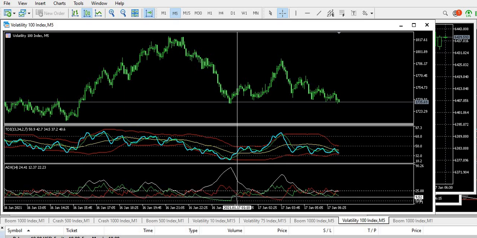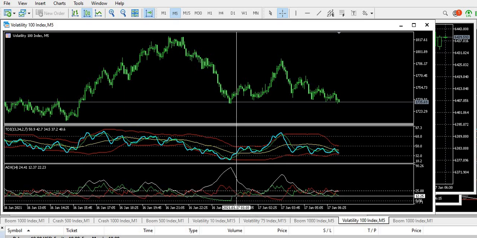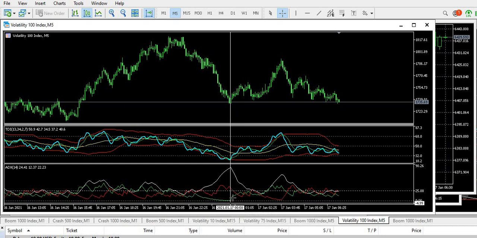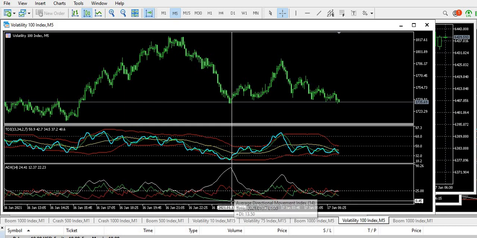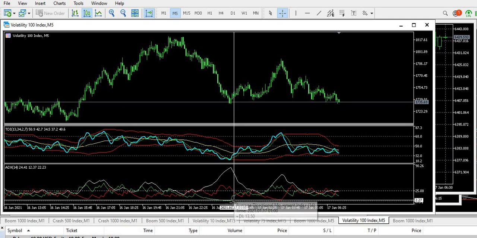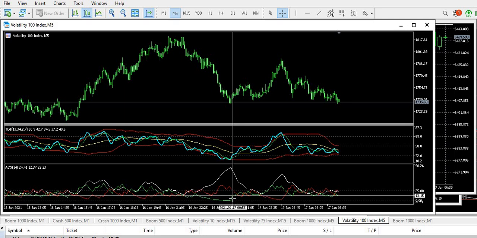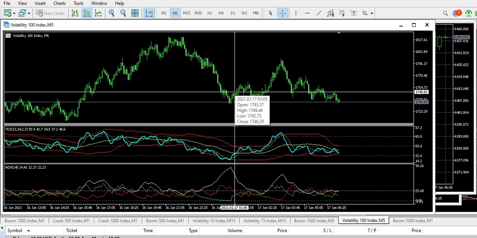It even gave you a very good indication when they are crossing. You can always close before that. As this green is starting to face up, it tells you the bears have now started coming into the market. As it starts coming up, you can always close.